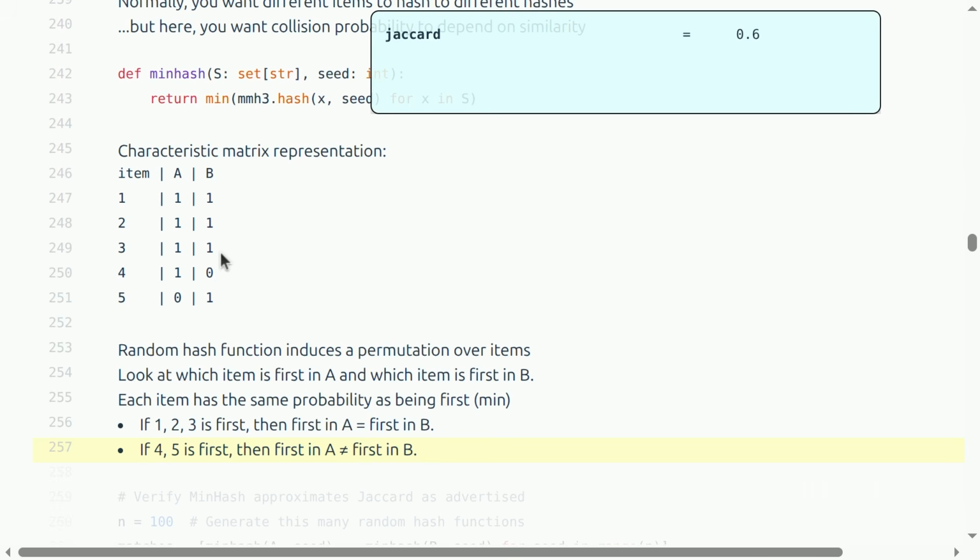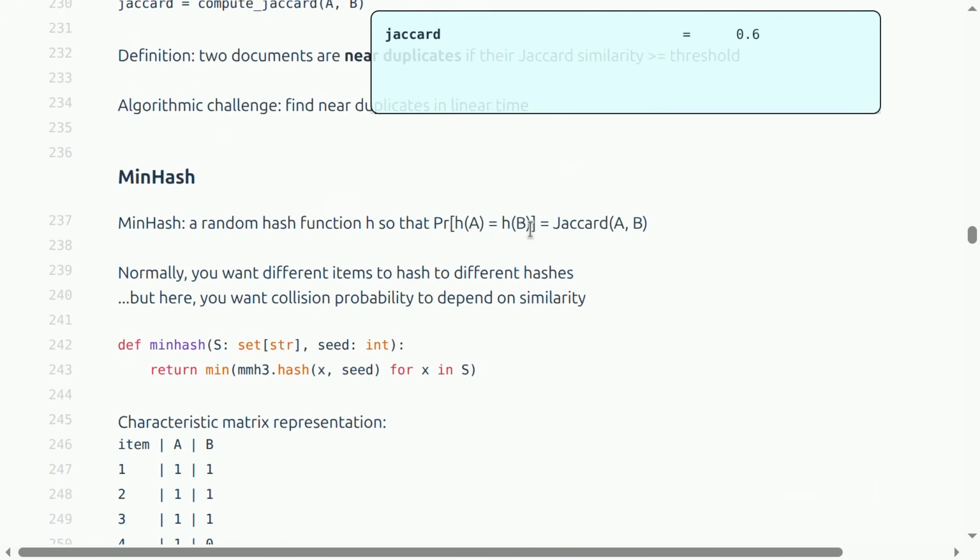So that is the proof of why this min hash property holds: in expectation over your random choice of hash functions, the probability of collision is the similarity metric you want.